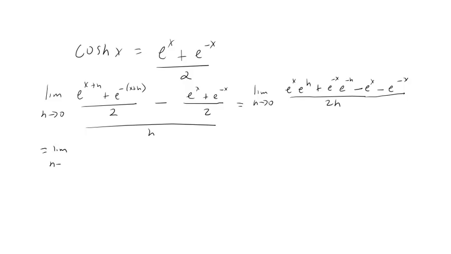So the next step is to combine like terms. So we're going to combine this one and this one. So I'm going to pull out an e to the x, so it will be e to the x, now in parentheses e to the h minus 1.